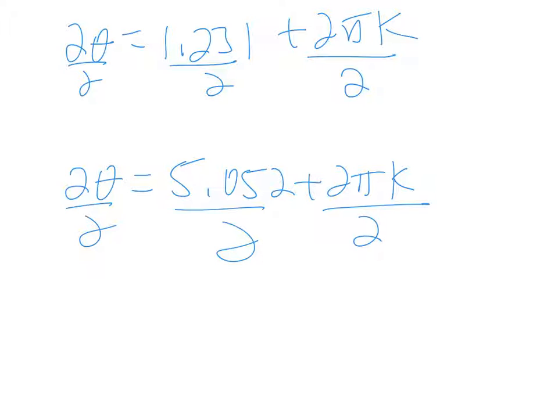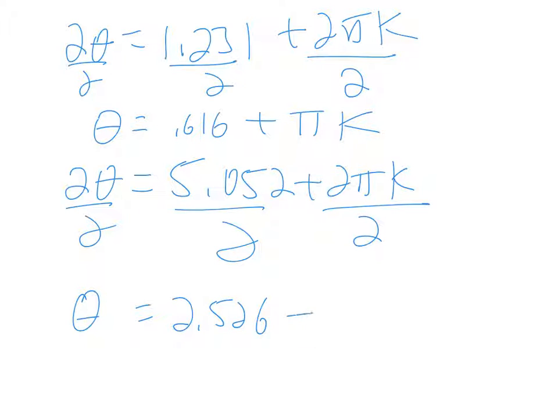So that's going to give me theta solutions of 1.231 divided by 2, so theta can be 0.616 plus pi times k. And theta can be 5.052 divided by 2, 2.526 plus pi times k.